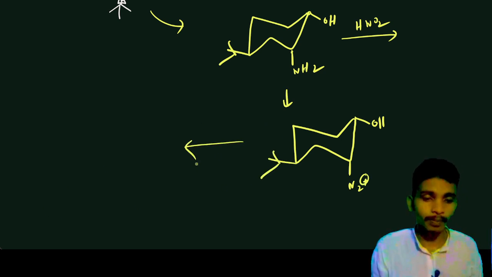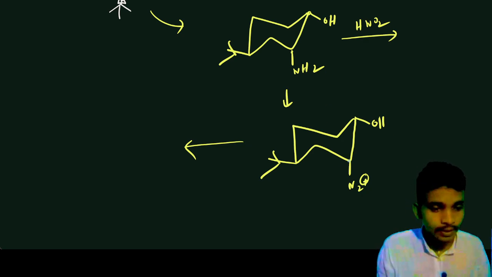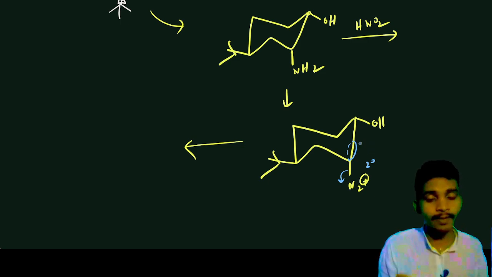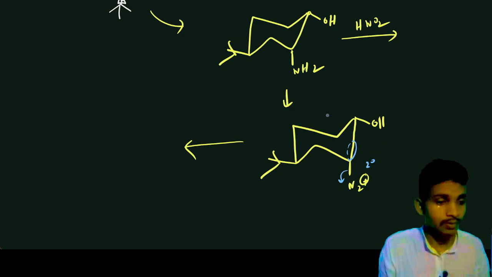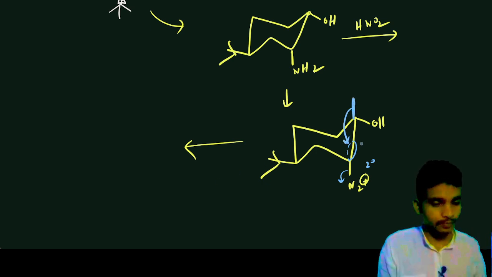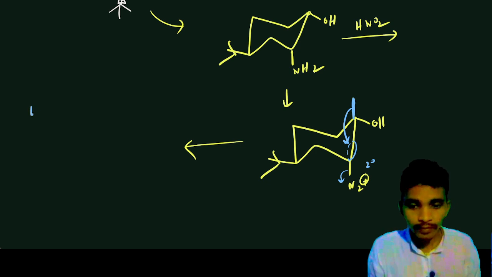Now what will happen? You see that this is again a 2 degree carbocation, meaning after leaving this we will get the 2 degree carbocation. So if it is a 2 degree carbocation, then SN2 reactions happen, because HNO2 is there. So here the group that is parallel to this leaving group is the one that moves. That's why I have told you: if the leaving group is equatorial, then what will happen?